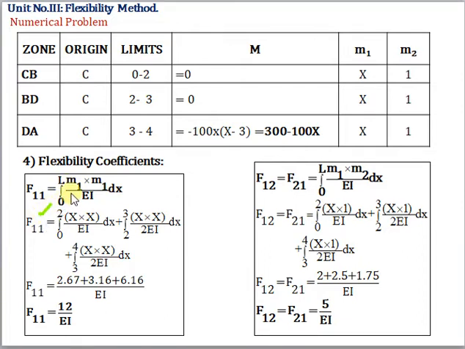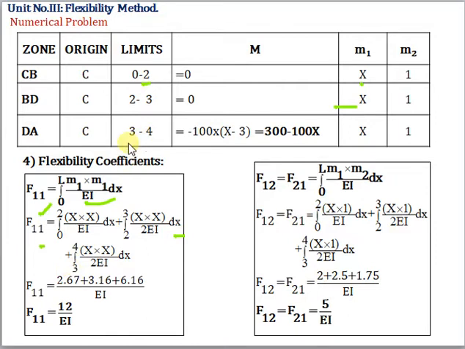F11 means the integration of M1 into M1 divided by EI into dx, with limits 0 to L. First zone, limit 0 to 2, M1 into M1, that means x into x divided by EI into dx, plus second zone, limit 2 to 3, x into x divided by 2EI into dx.